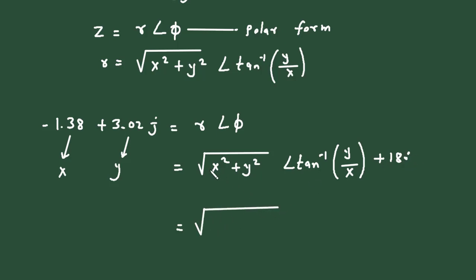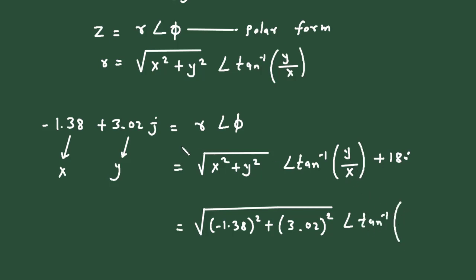So under root of x square, which is minus 1.38 square, plus y square, which is 3.02 square, at an angle tan inverse of y by x. The value of y is 3.02 divided by minus 1.38 plus 180 degree.